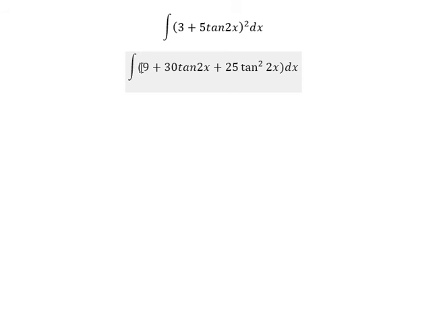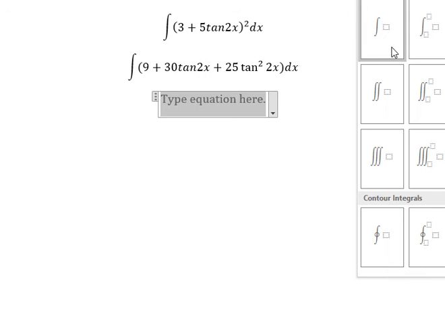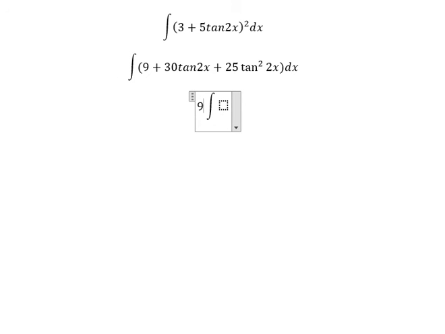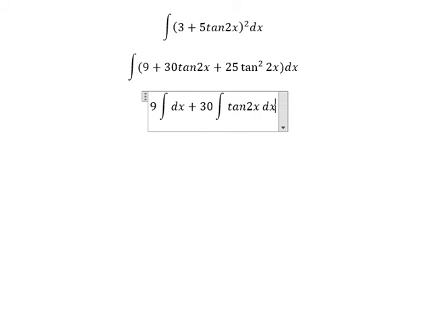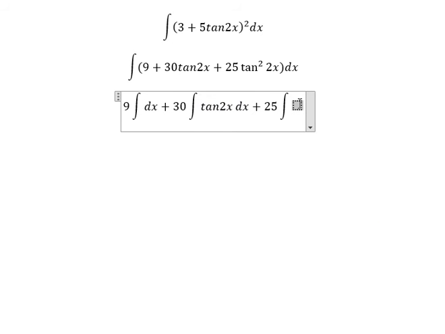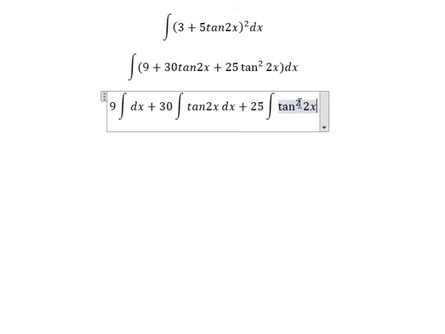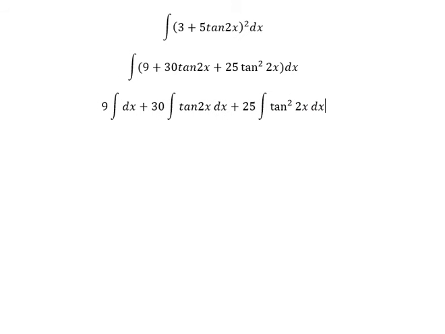We can separate this one into 3 integrals. We know that for this one we can get 9x + c.